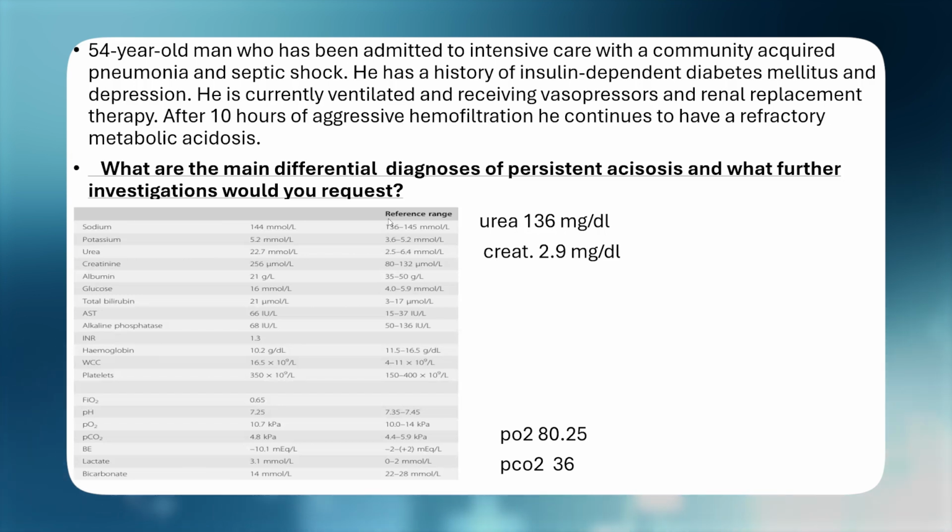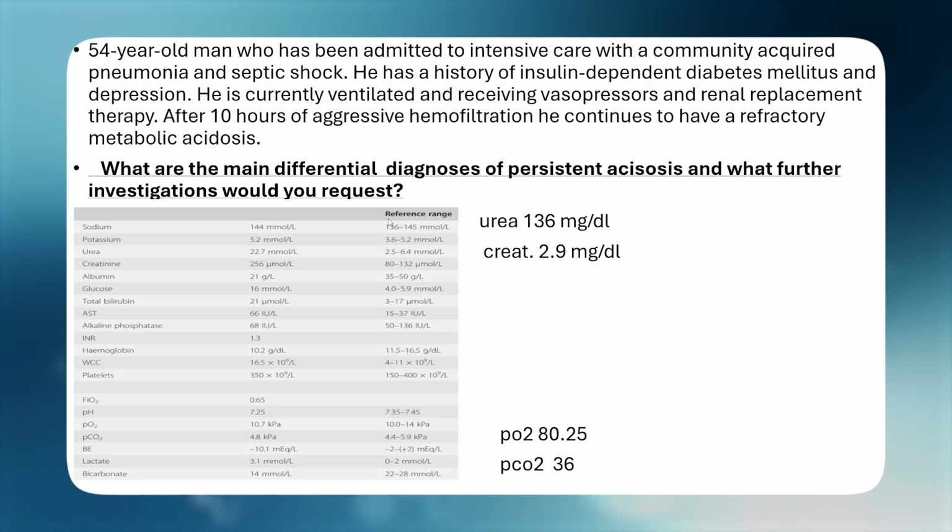After 10 hours of aggressive hemofiltration, he continues to have a refractory metabolic acidosis. What are the main differential diagnoses of persistent acidosis, and what further investigations would you request?